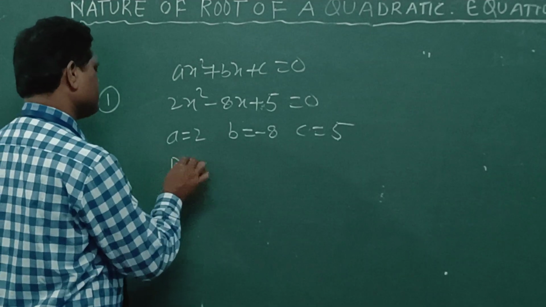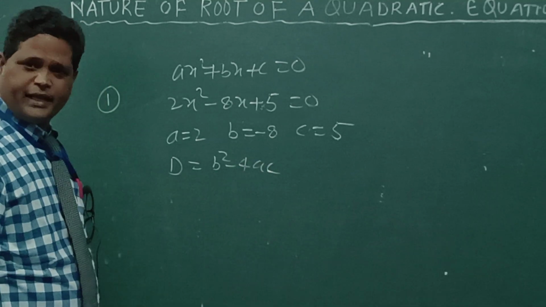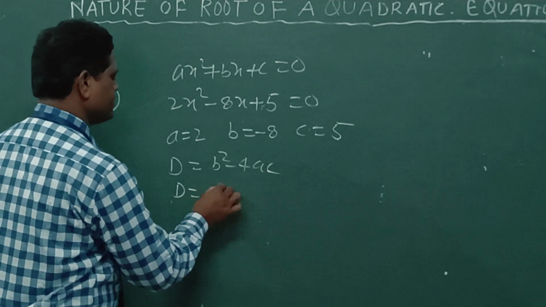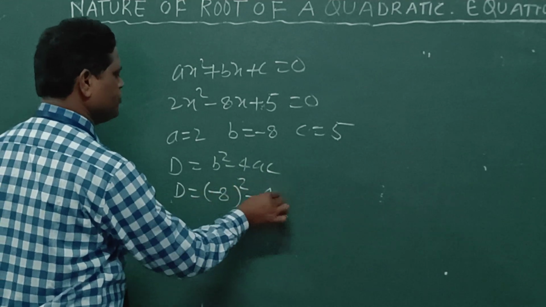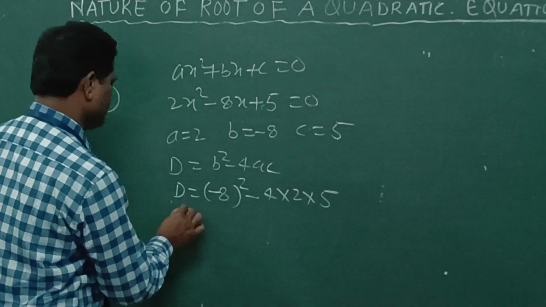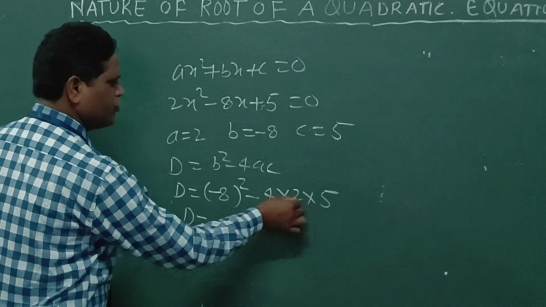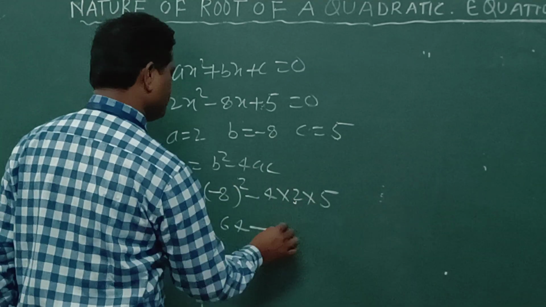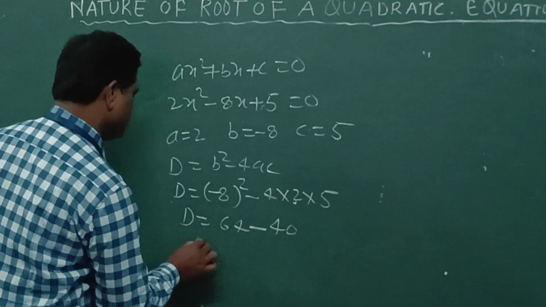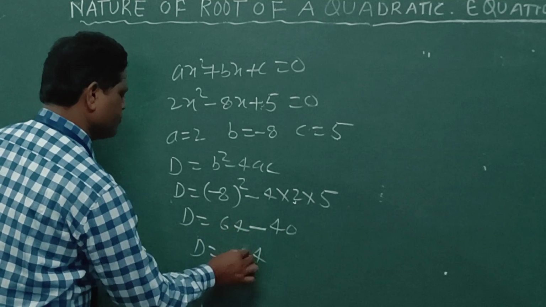D means b square minus 4ac. Given b minus 8 square minus 4 into 2 into 5. So D equal 64 minus 40, that is 24.